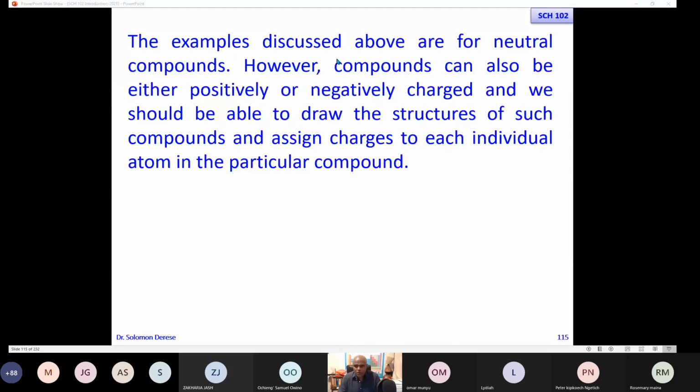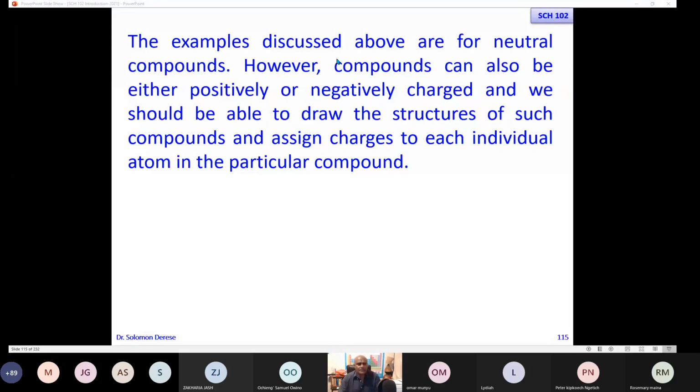Now, we want to look at a scenario of a molecule that is charged. How do we draw the Lewis structure of a molecule that has a charge? It could have a positive charge or a negative charge. Of course, drawing the Lewis structure, you just follow the same rules, the same steps, the same basic concepts.